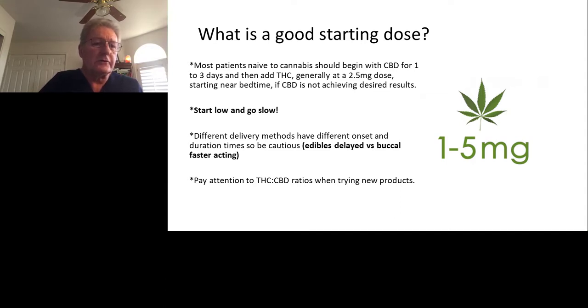Remember, start low and go up slow. You can always add more, but it's hard to take away what you've consumed that is causing undesirable intoxicating effects.